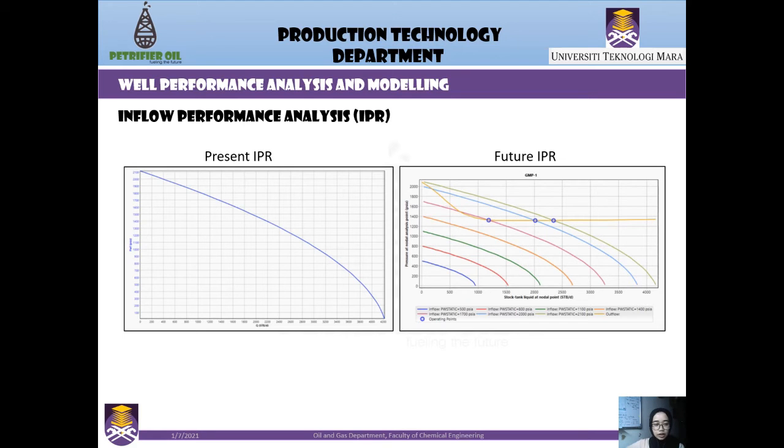As we can see, this is the present IPR and also the future IPR. The future IPR is the same as the sensitivity analysis with the pressure depletion. This is the future IPR for the 4-inch tubing size.